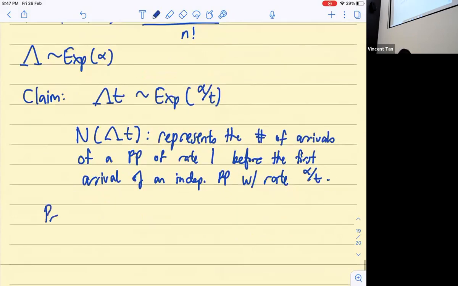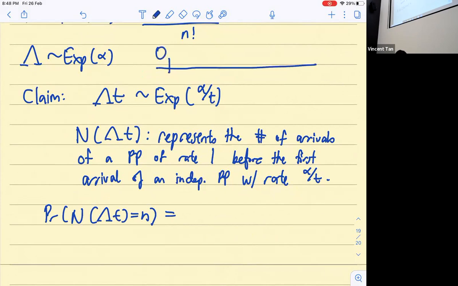So the probability distribution of N_1(lambda t) equals n is basically geometric. And geometric with the following picture. Okay, so we start from 0, and we are interested in the number of arrivals of the Poisson process of rate 1. This is the Poisson process of rate alpha over t.